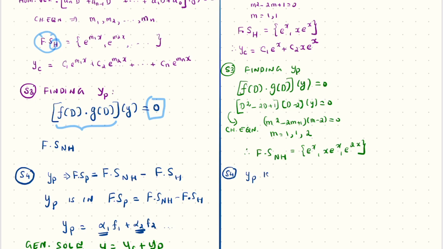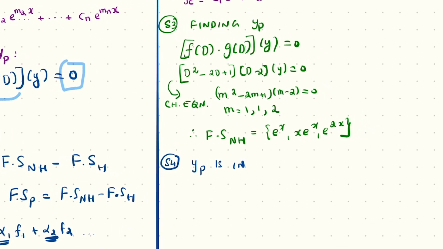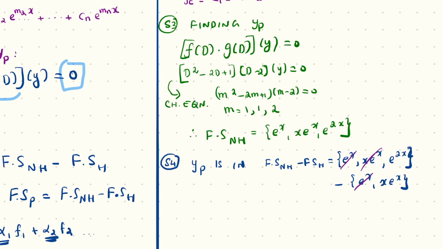Yp is in f as nh minus f as h, which is e to the x, x e to the x, e to the 2x, minus e to the x and x e to the x. If I subtract this, you remember this set notation, right? So set subtraction: these two will go away, these two will go away, and I'll be left with simply the set e to the 2x.